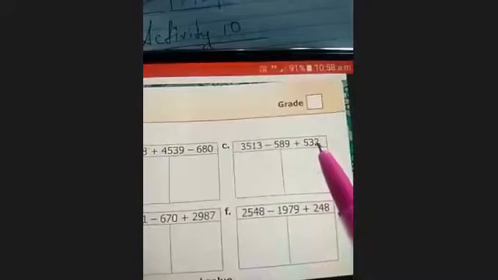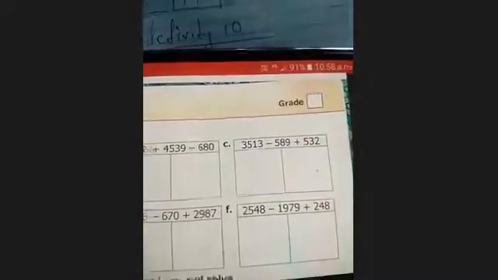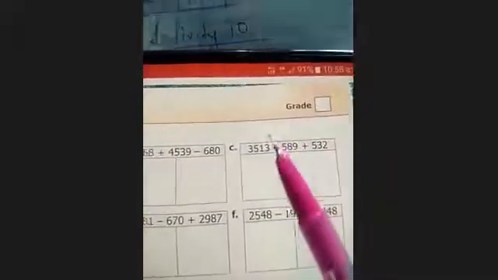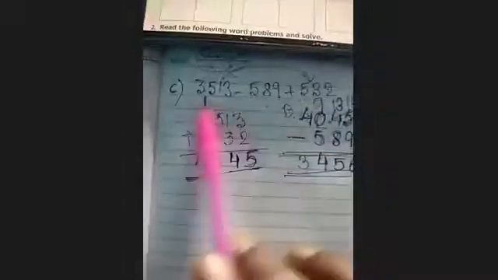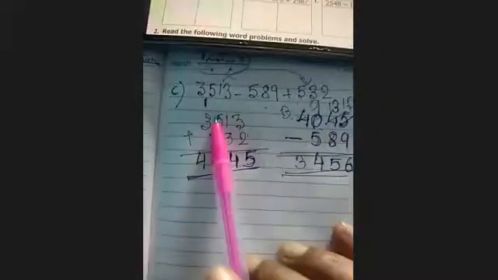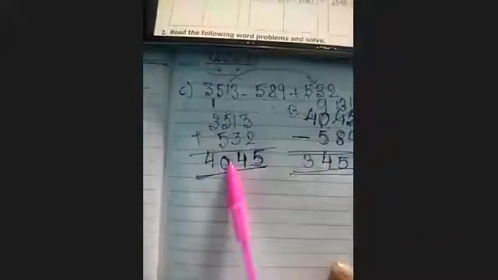So first of all, you have to do addition. So we have done the addition first. This is the first number and this is the last number. Both of them are friends and we are keeping the friends together.